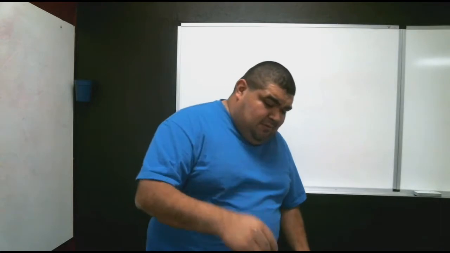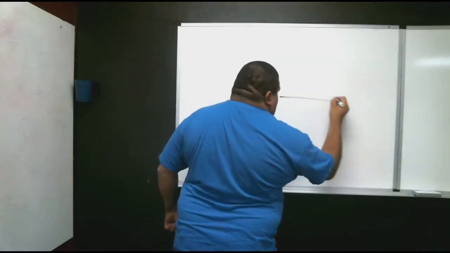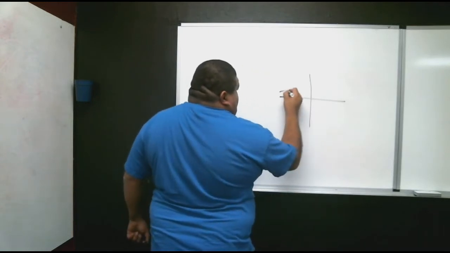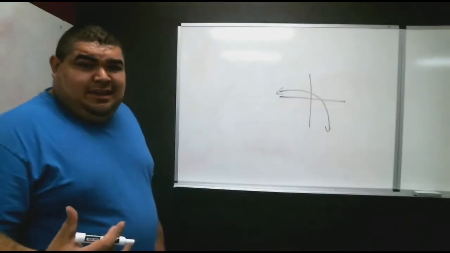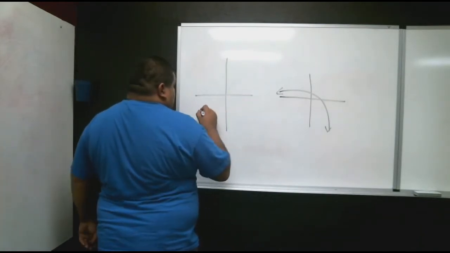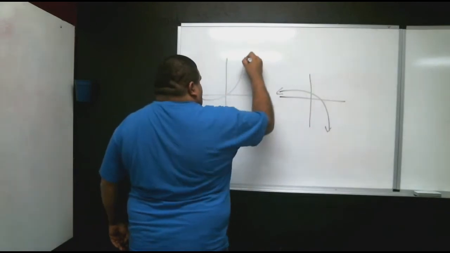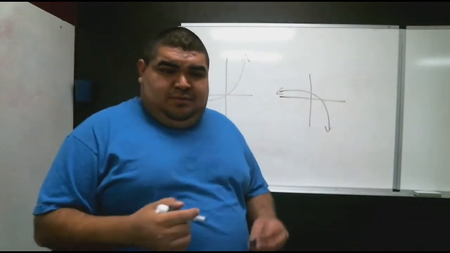In a graph, if our line goes down, it's an exponential decay. If it goes up, it's an exponential growth.